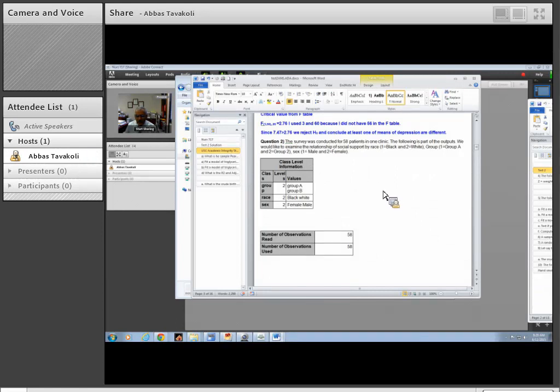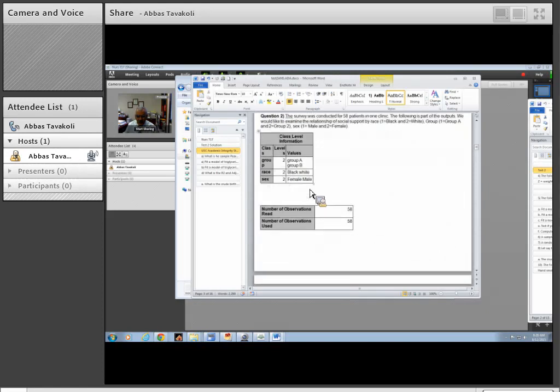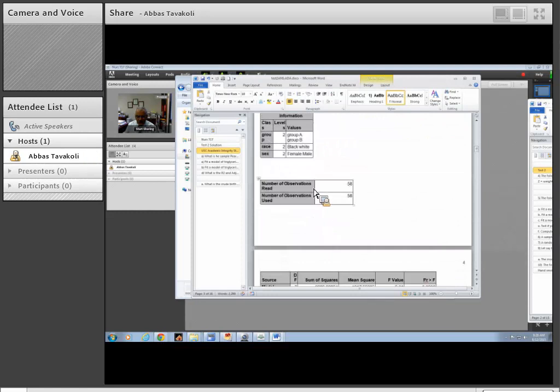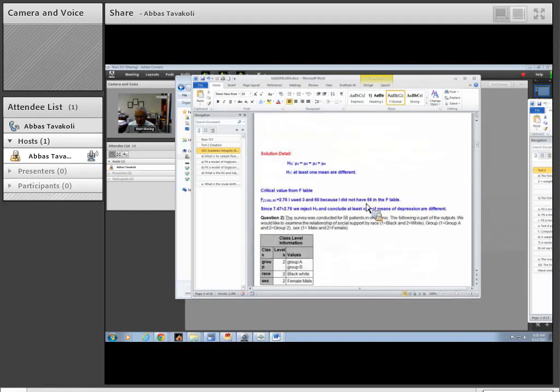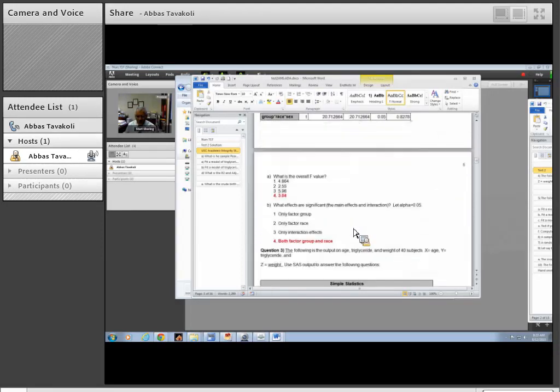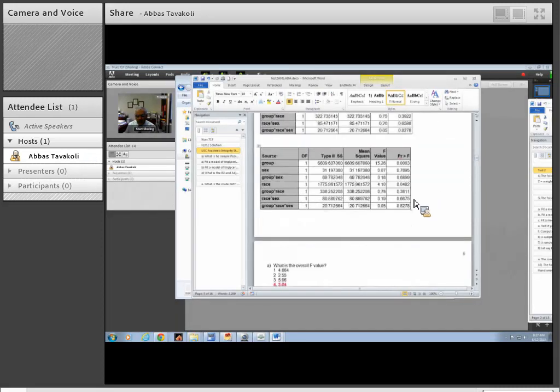We have three groups, and we have our outcome here. If you look at the overall model, it is significant, and social support is your outcome. The overall F test is 3.04, and that's the correct answer.